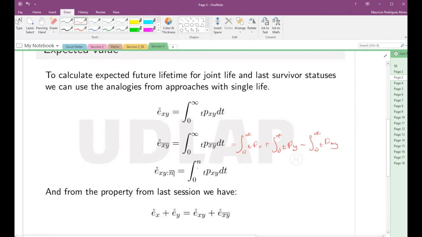And we could also have the last survivor, the n years temporary complete last survivor life expectancy. Yes. So again, we can have all these things in these expressions. It's not different from what we did before, but now we have to take into account that we have more individuals in our population. Okay.